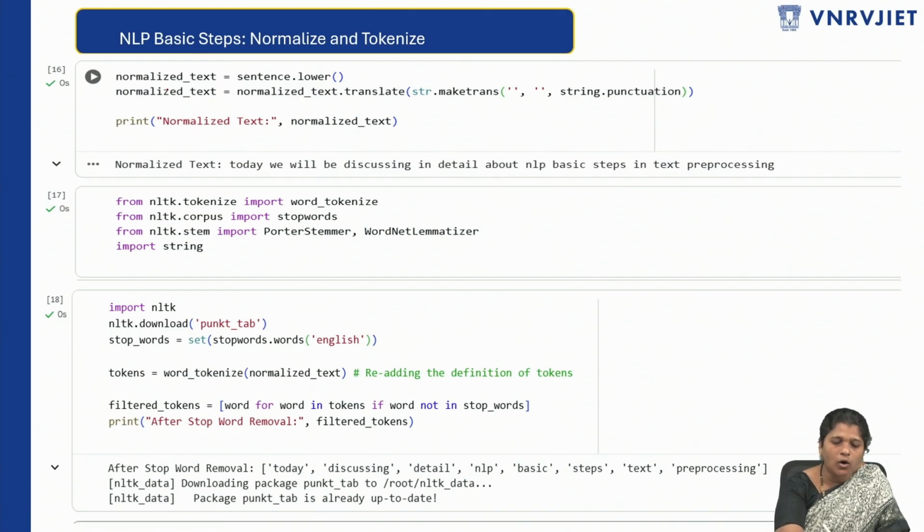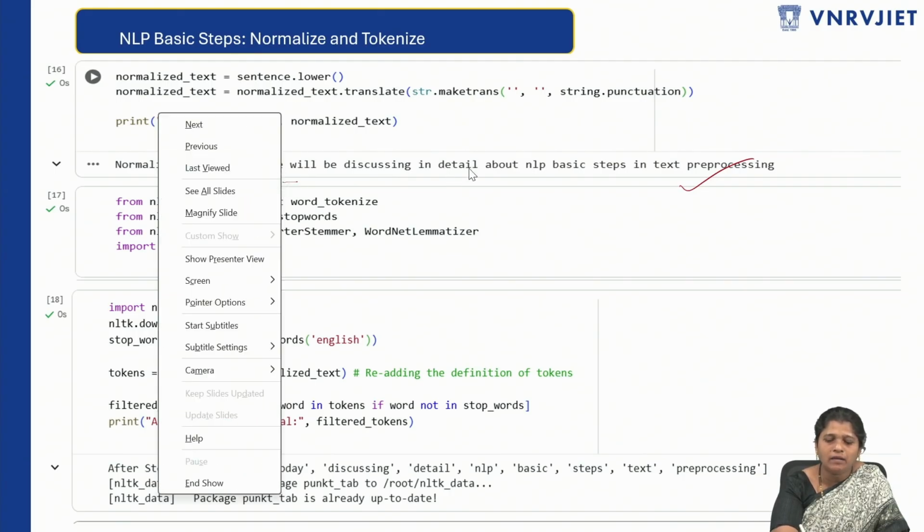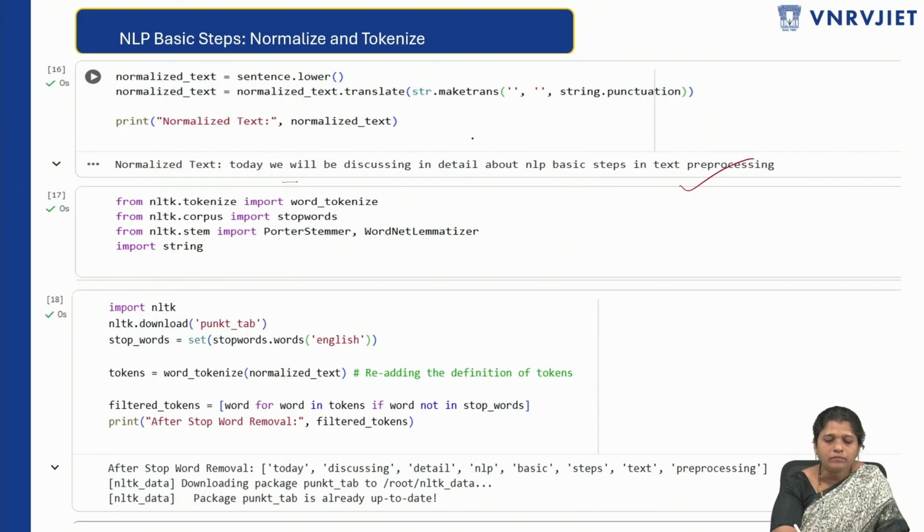We could see that the normalized text looks like this. Please have a look: in the normalized text, all the special characters are removed and it is in lowercase. In the tokenization, we have to import the Porter stemmer, which I have stored, and we also need the lemmatizer.